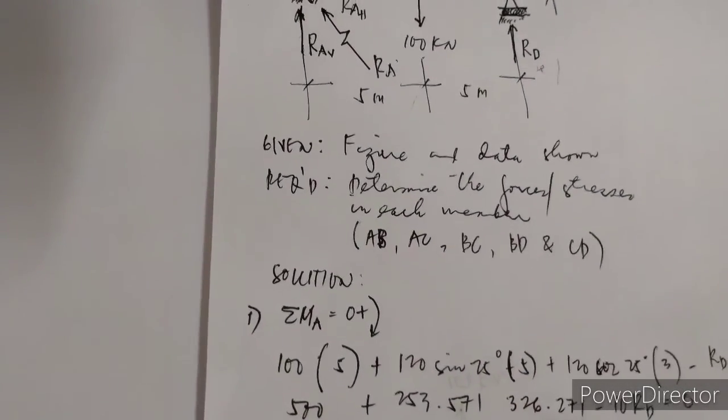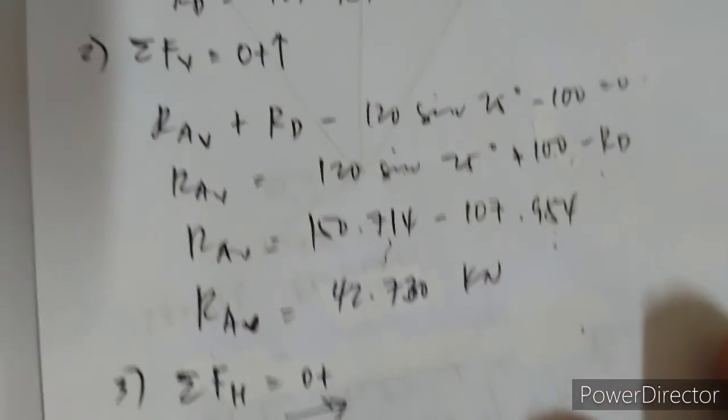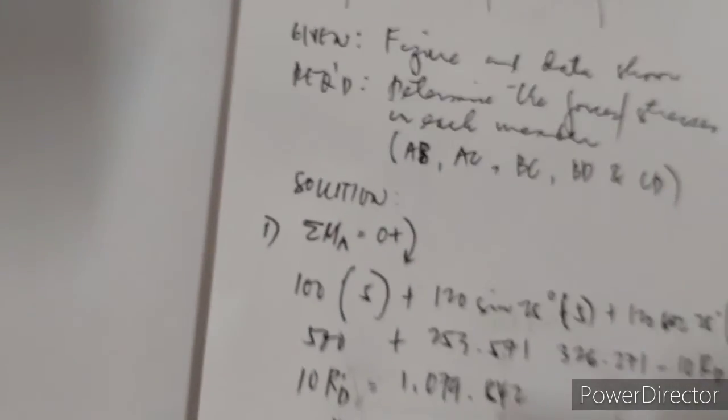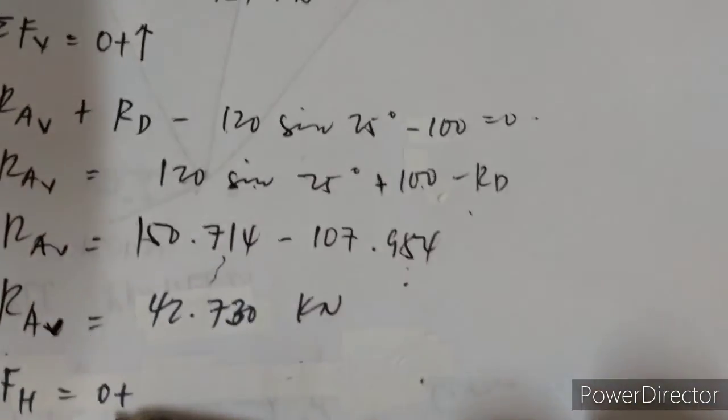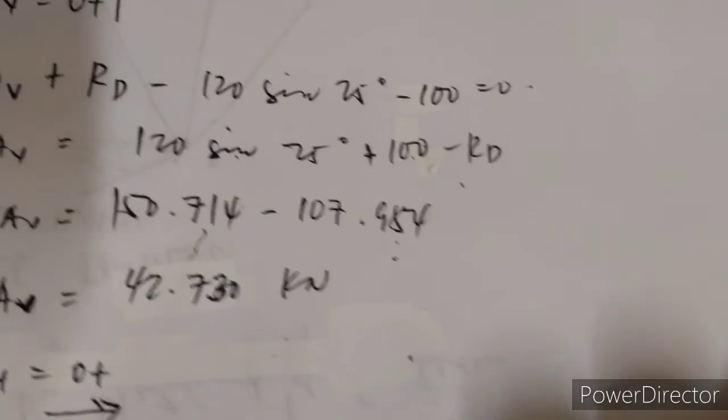The next step that we're going to consider now is, of course, summation of forces horizontal, positive going to the right. As you will observe, we have used summation of moments at certain points, summation of forces vertical, and of course summation of forces horizontal. Those are the only equations that you're going to use in analyzing this.